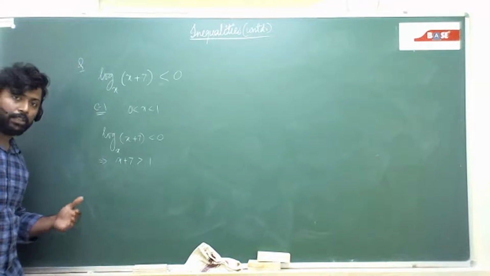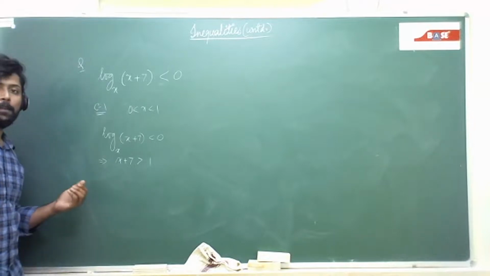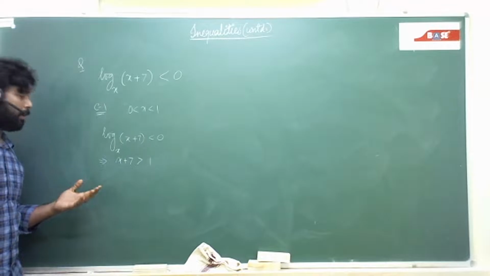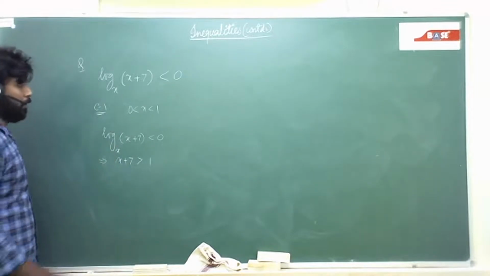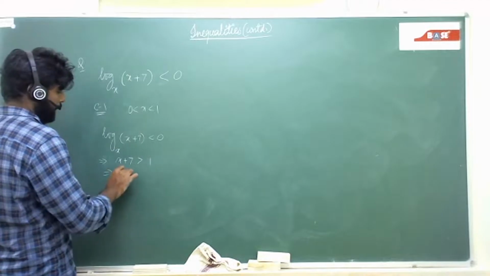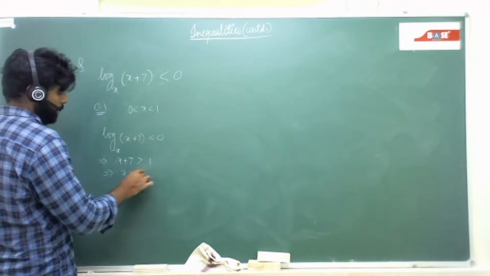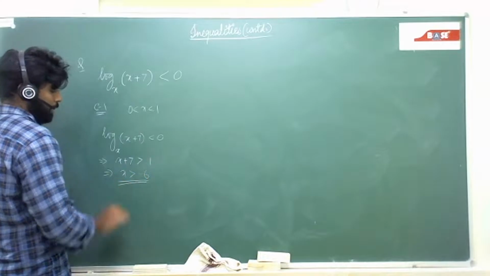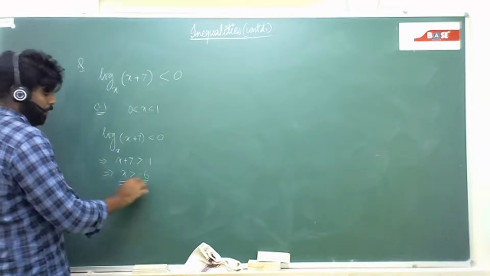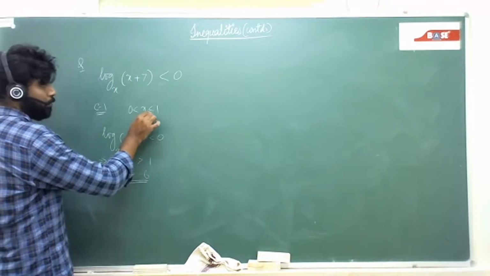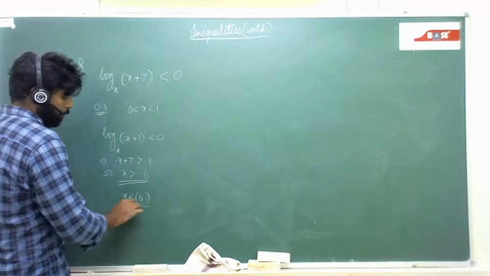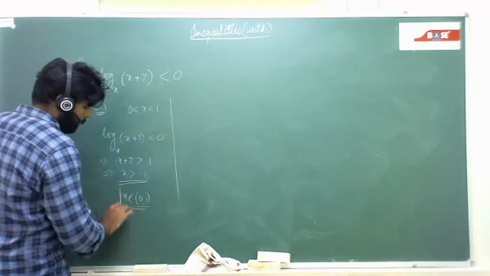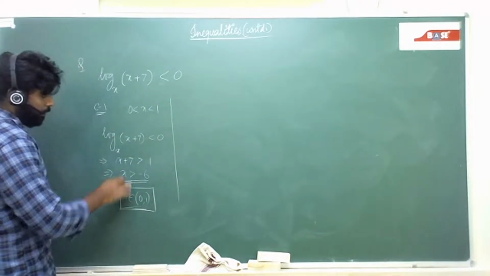If it is increasing, it stays the same; if decreasing, it changes. So x + 7 more than x to the power 0, which is 1. So now x is more than 1 minus 7, that is minus 6. Sorry, x is more than minus 6 and x is between 0 and 1.